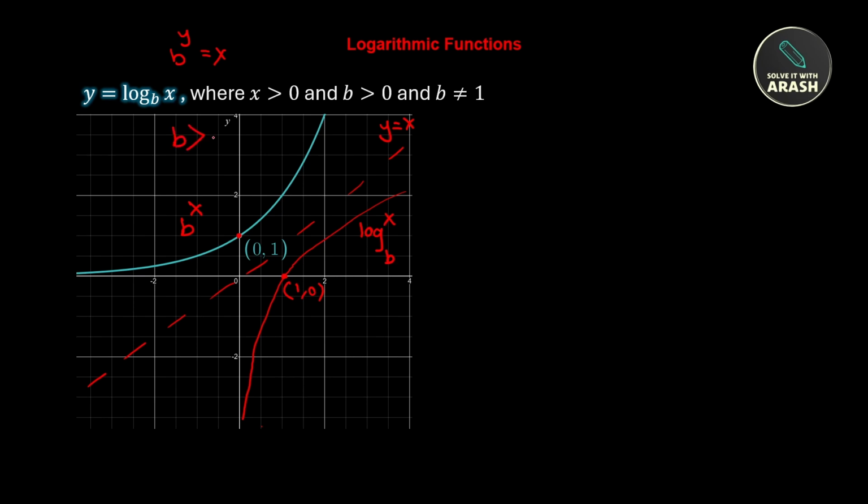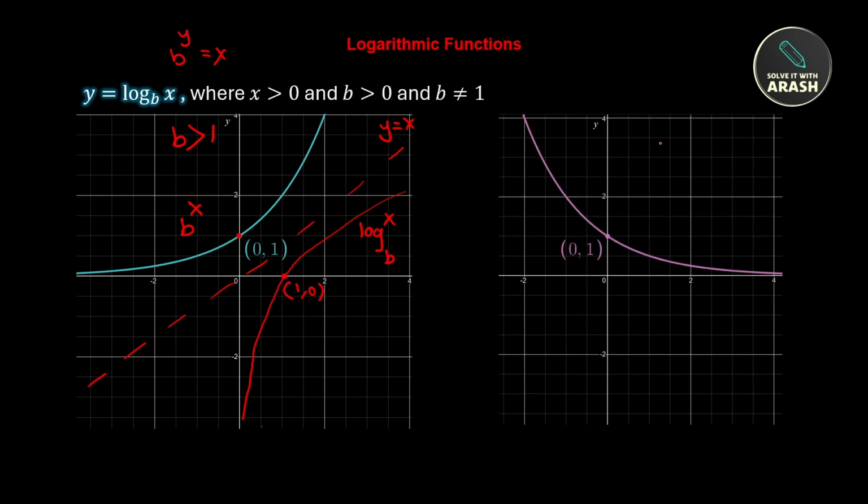So we did that for b greater than 1. Now let's try it for b between 0 and 1. If b is between 0 and 1, then the exponential function is a decreasing function. If I want to graph it, reflect the graph over y equals x to find the logarithmic graph.